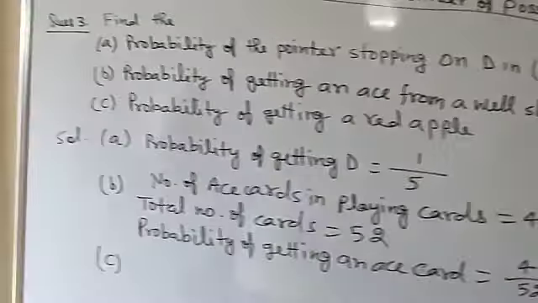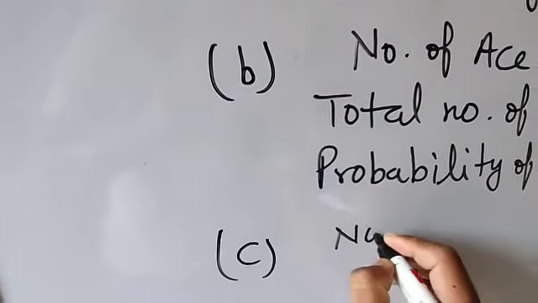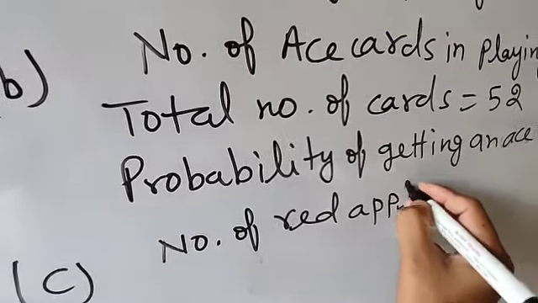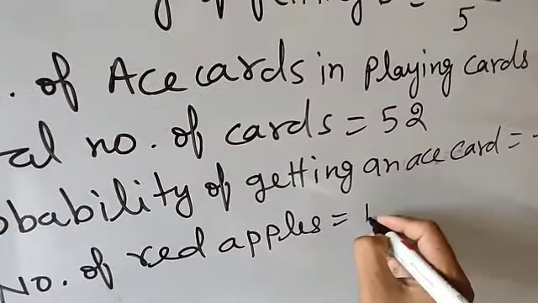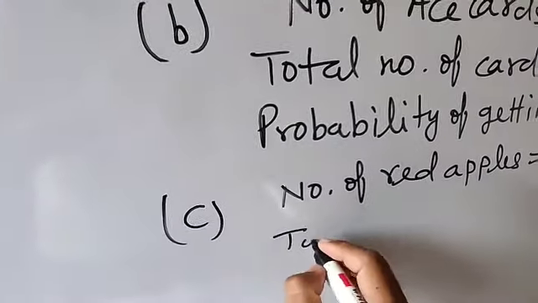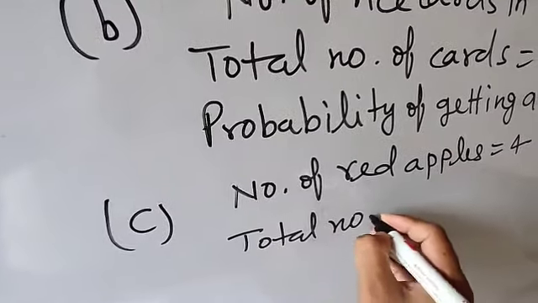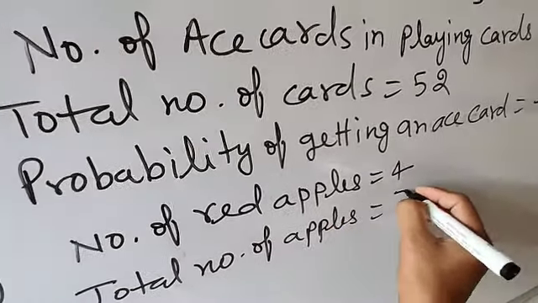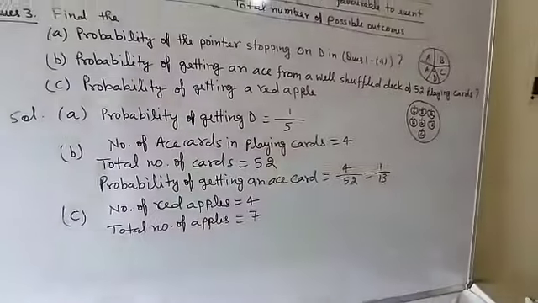So here number of red apples is equal to 4, and total number of apples is equal to 7. Total 7 apples are there.